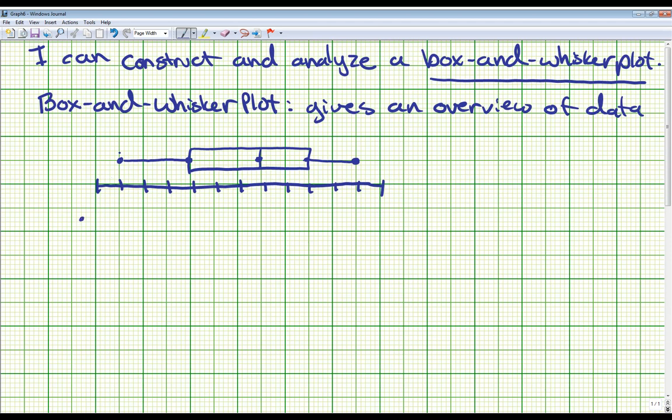One of our numbers, that would be this one right here, is going to be the lowest data value. Another way of saying that is the minimum. Okay, so the lowest is called the minimum. Our next one right here, this little dot right there, that dot is going to represent our first quartile.